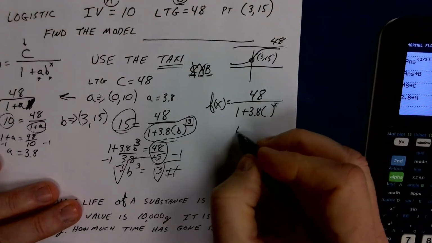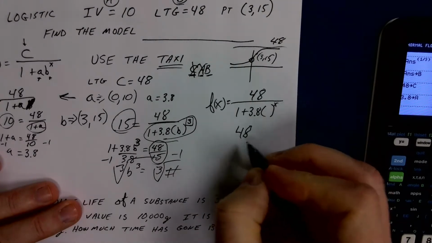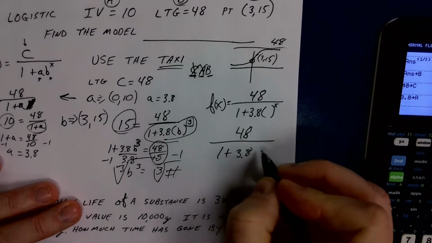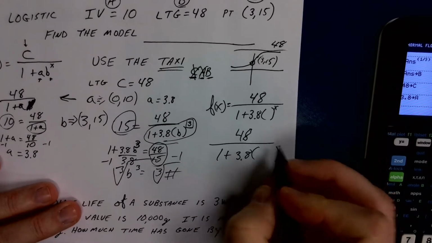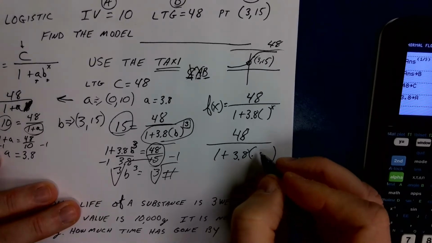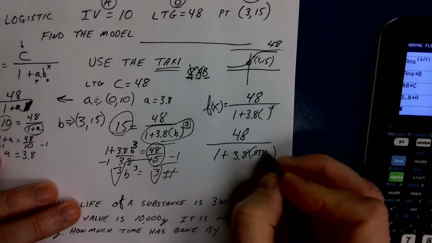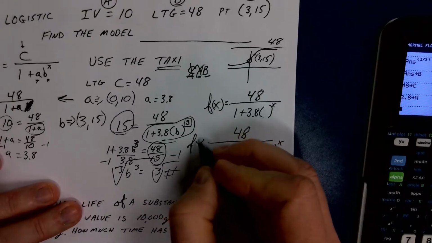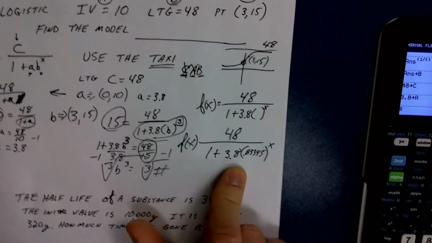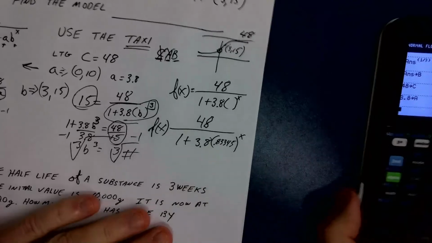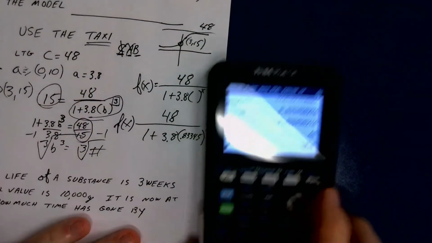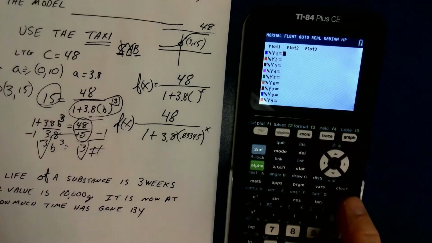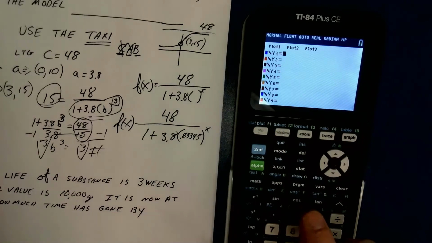I'll write it down over here again. I believe my equation is 48 over 1 plus 3.8 raised to the 0.83345 raised to the x. That's what my function is. Okay, so I'm going to go ahead and graph that. So go to your y equals, and we're going to do C, 48, right?